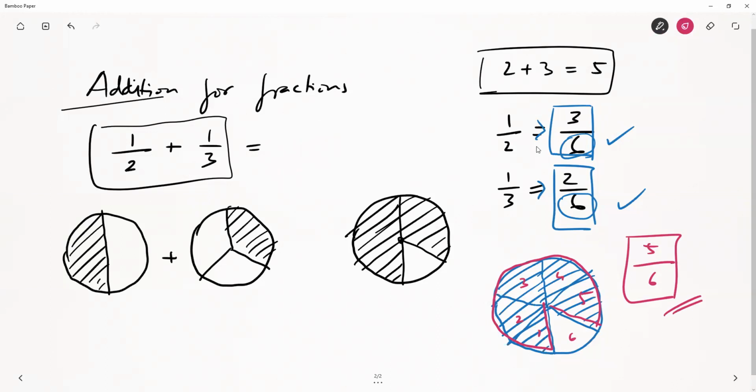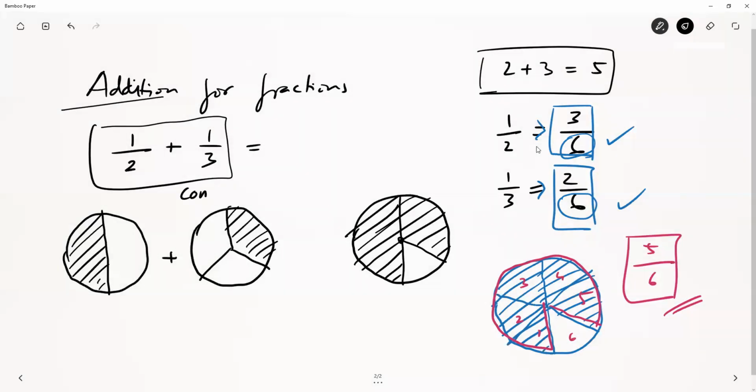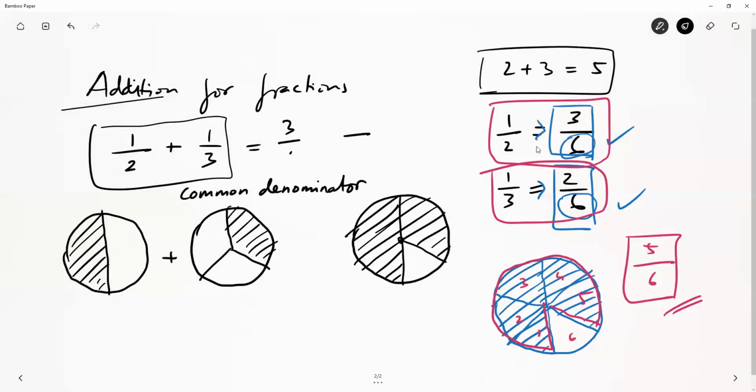What will happen with this fraction? Basically, the method that we learn is called creating the common denominator. So this is the classic method. Normally, this is how we introduce them to adding fractions. In this case, if you look again at the fractions that we got here, they are 3 on 6 plus 2 on 6.